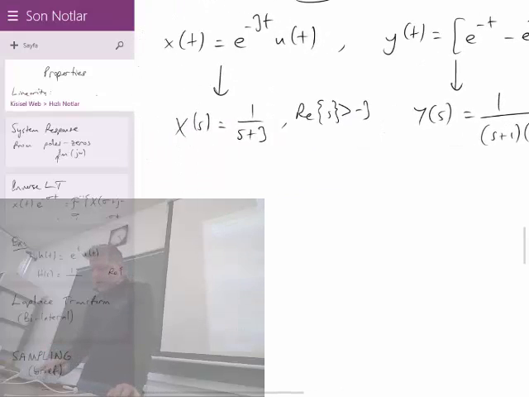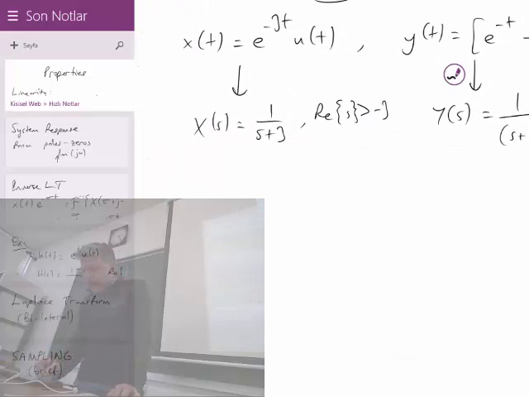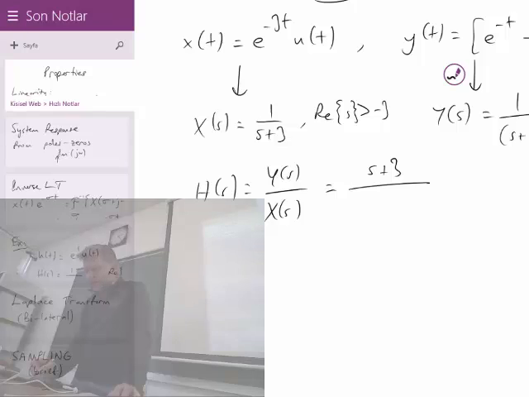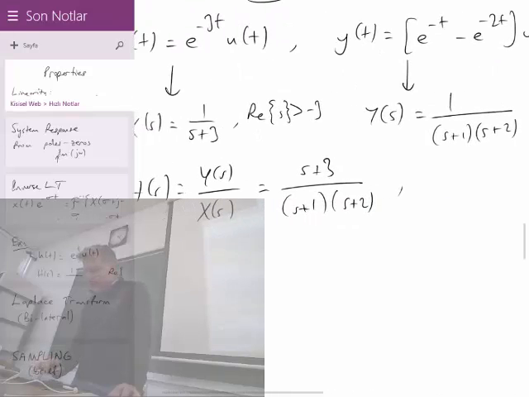And when we write H of s to be equal to Y of s divided by X of s, and this comes from the convolution in time versus multiplication in Laplace domain property, it will be s plus 3 divided by s plus 1, s plus 2, with the region of convergence.